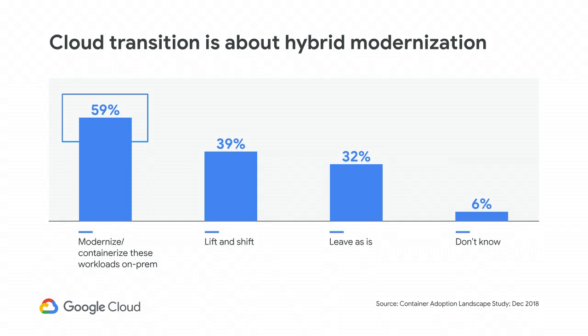So our goal for Anthos storage is to address that need, where customers are looking to modernize applications on-prem before they move to the cloud and start scaling or doing migrations, whatever the use case may be.